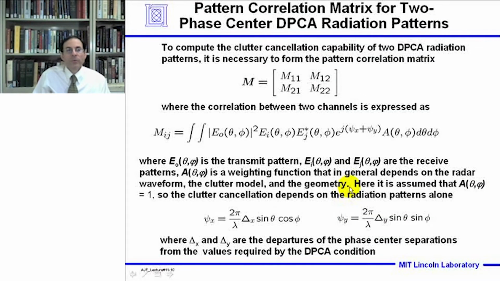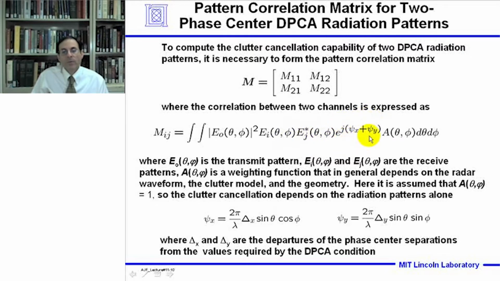Now, to compute the DPCA performance, we need to calculate the pattern correlation matrix, as shown here for the case of two DPCA radiation patterns. So we're forming the pattern correlation matrix, which consists of the correlation between two channels, as shown here. There's a transmit pattern, magnitude squared, and then multiplied by the receive patterns of the ith and jth channels, or two channels.